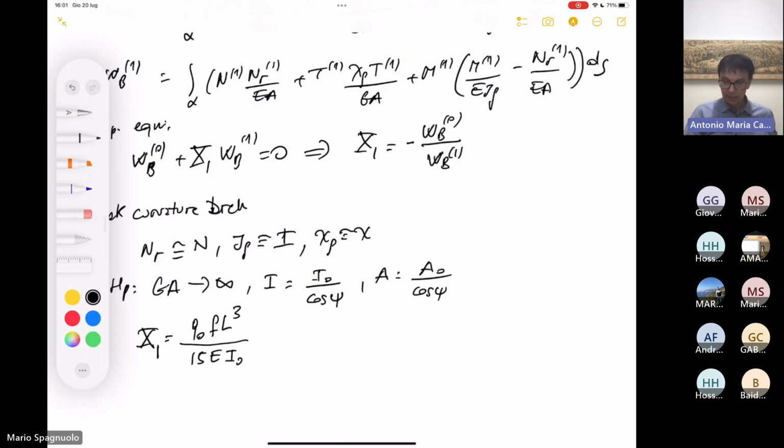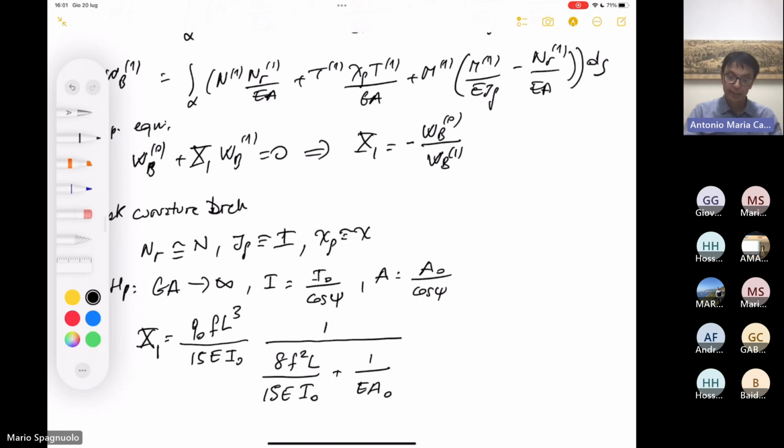With these assumptions, the expression of x1 is relatively simple: Q0 F L squared divided by 8 F squared L over 15 E I0 plus 1 over E A0.